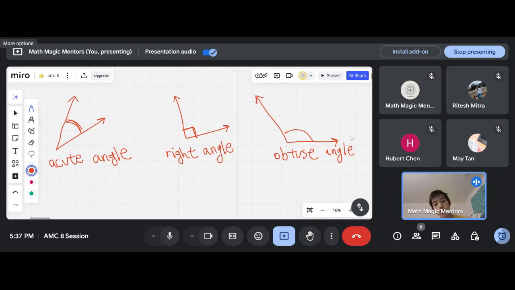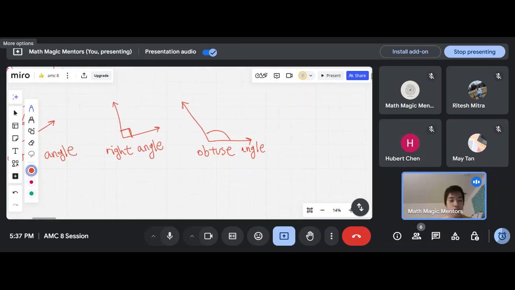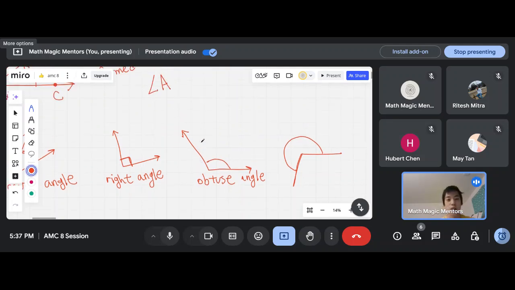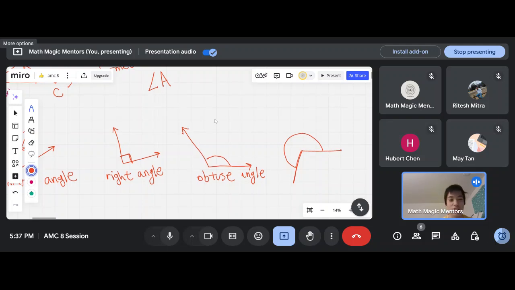We usually don't see this on the MC8, but I'll cover it just for kicks. Actually, there's one more angle I forgot, which is just a straight line. A straight line is really special, and this is called a straight angle. I'm going to call it straight, and this is reflex.